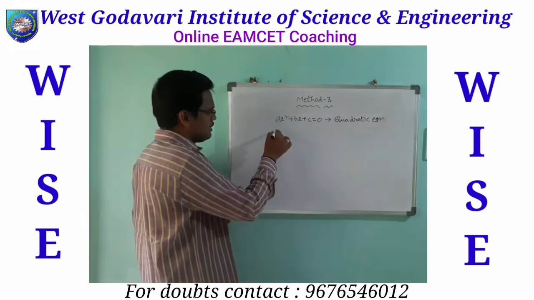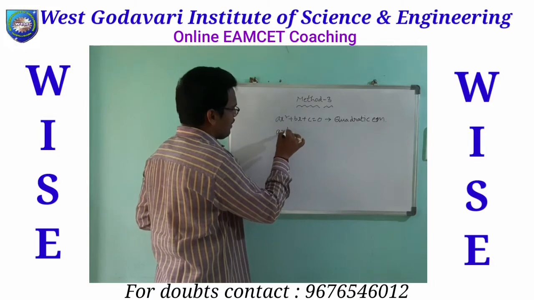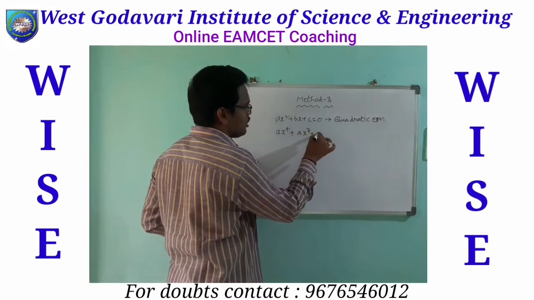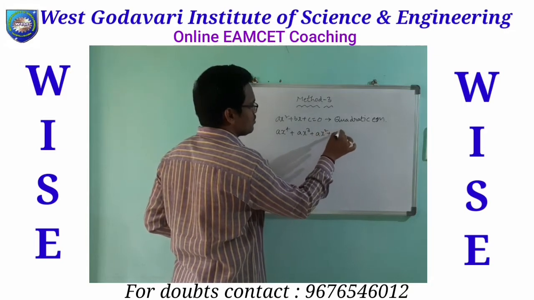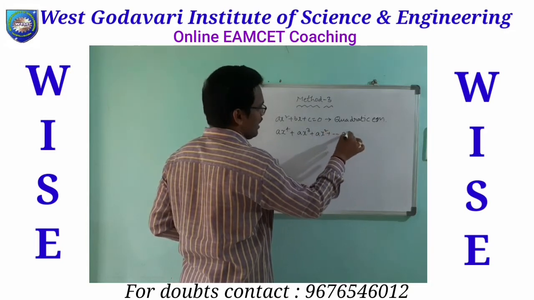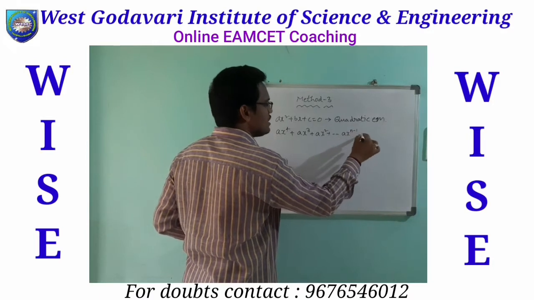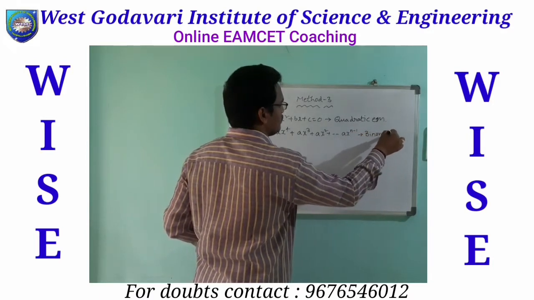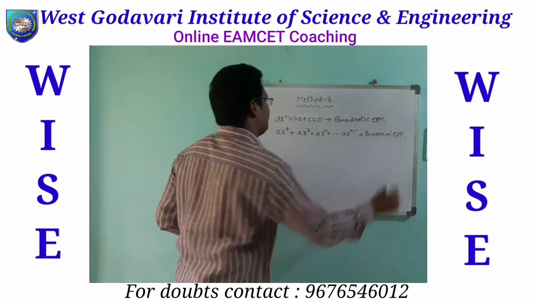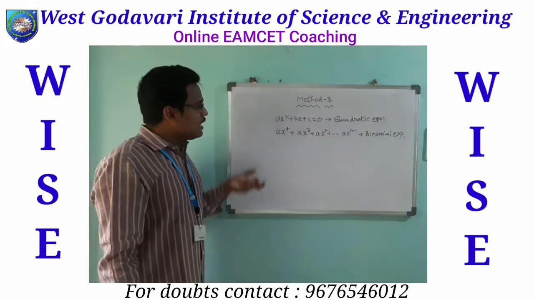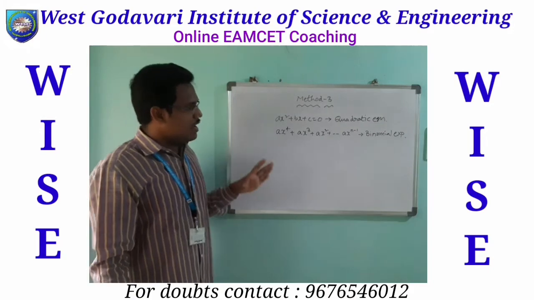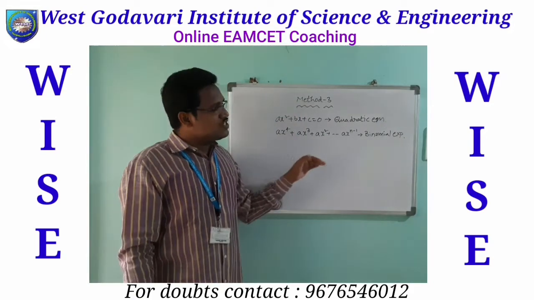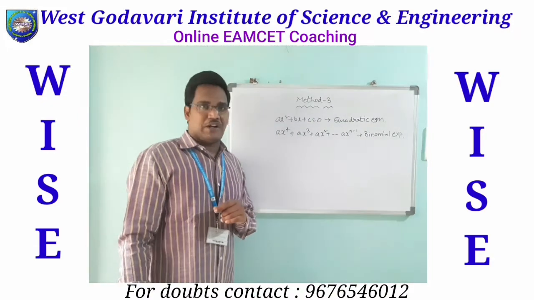That means a to the power of x to the power of 4 plus a to the power of x cube plus a to the power of x square plus and so on, a to the power of x power n minus 1. So this is the binomial expression. So the limit term is in the form of either a quadratic equation or a binomial expression. This shortcut method 3 is very useful to solve the limit function.